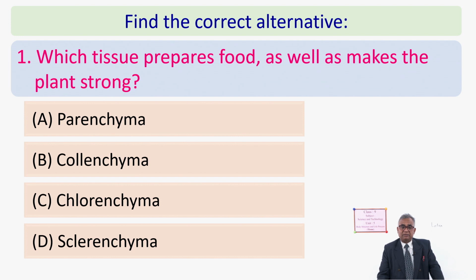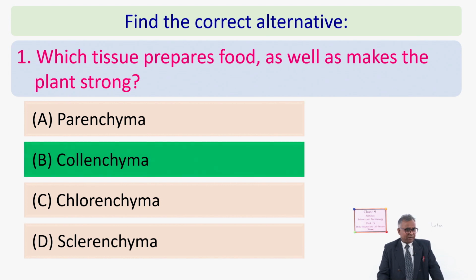So parenchyma, is it correct? Let's see. If you are saying parenchyma, it is not correct. It is collenchyma, because parenchyma is especially related with preparation and storage of food. Collenchyma does both the work.